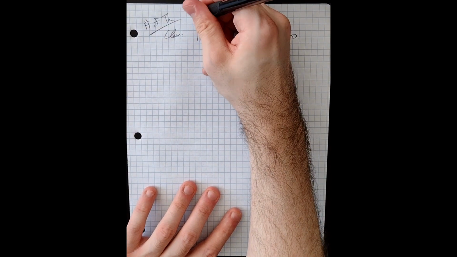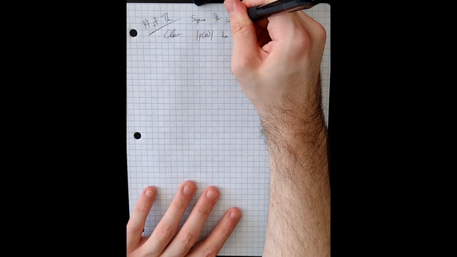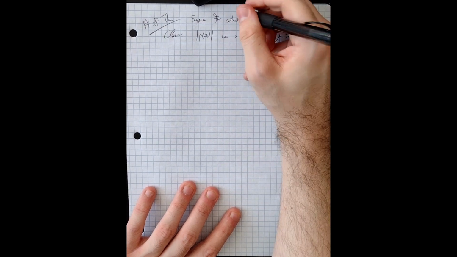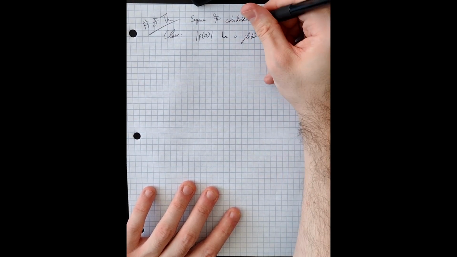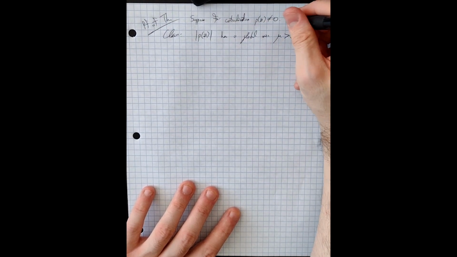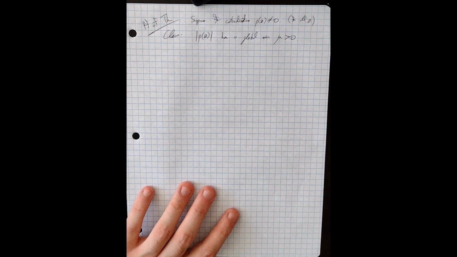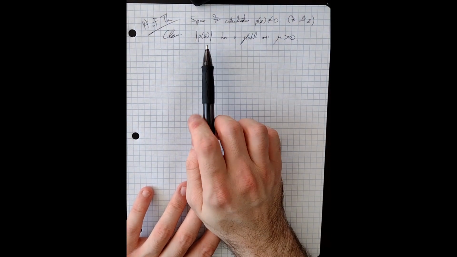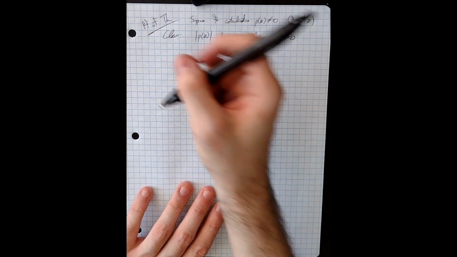And actually first, I'm going to suppose for contradiction that p of z is never 0. So for all z, p of z is non-zero. Assume that, and we're going to get a contradiction. So we're going to claim that this has a global minimum in magnitude.